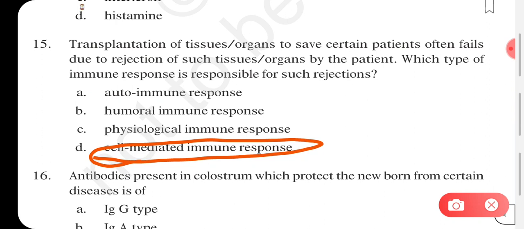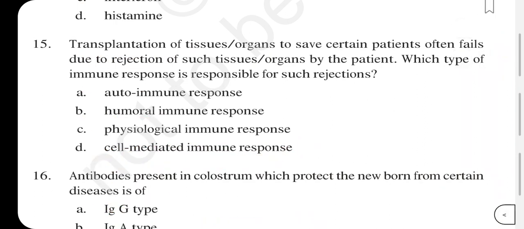Okay, so whenever there is a transplantation, when a tissue or an organ is being transplanted, there is a cell mediated immune response. There is rejection, meaning if the cell types are not matching, then that particular tissue or the organ is being rejected. We call that a cell mediated immune response.